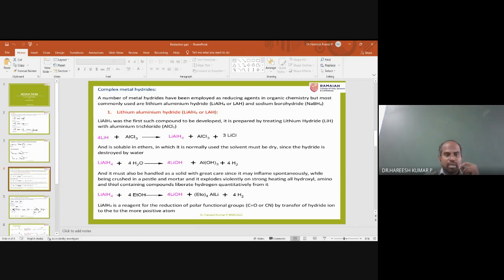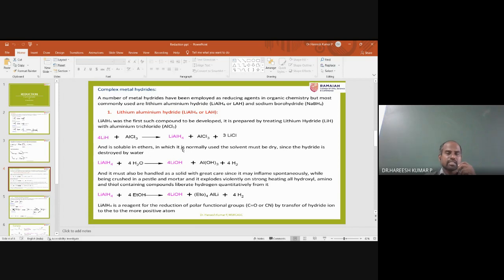Then what will happen? Lithium hydride can react with water and forms a lithium hydroxide compound. This is not of our interest. Our interest is lithium aluminum hydride. It is possible to prepare it starting with lithium hydride and aluminum chloride, but the obtained one is hygroscopic in nature.